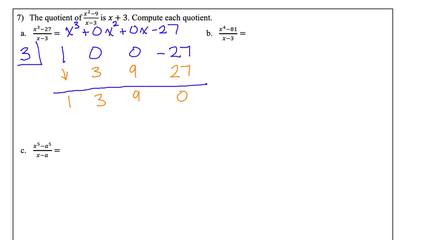This would be my remainder, this would be over x minus 3. So there's no remainder. This is my constant term, this is my x term, this is my x squared term. My final answer when I do x cubed minus 27 divided by x minus 3 is x squared plus 3x plus 9.